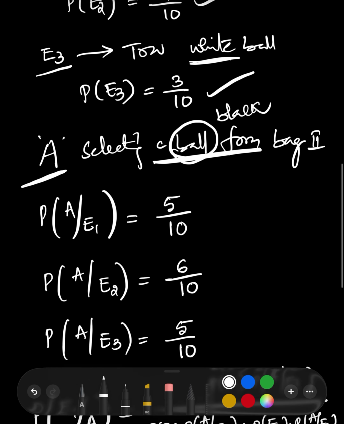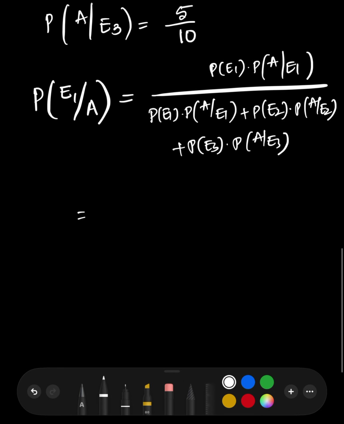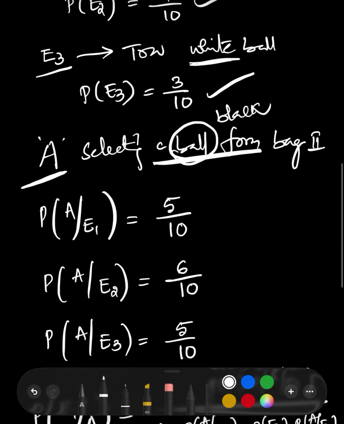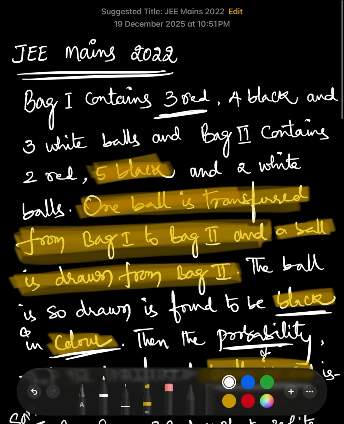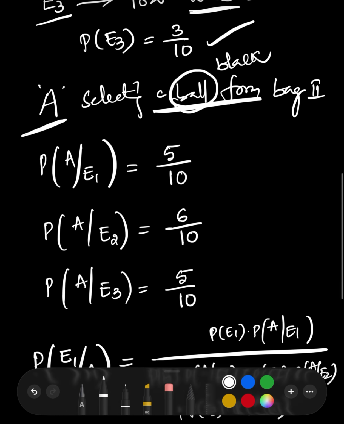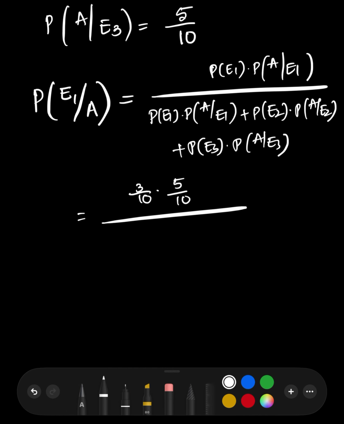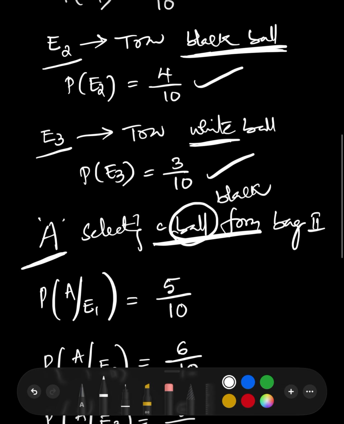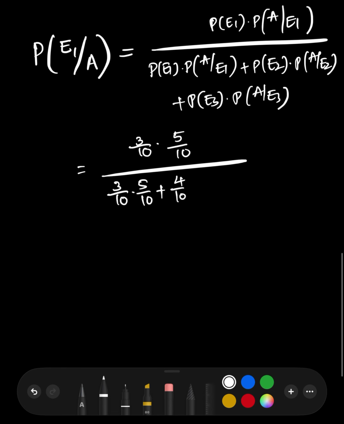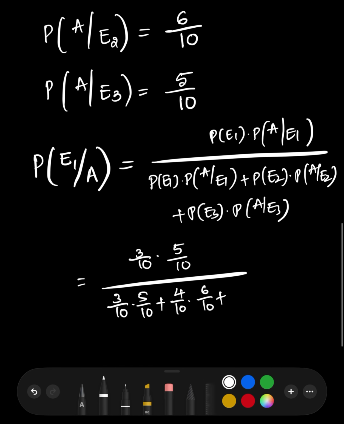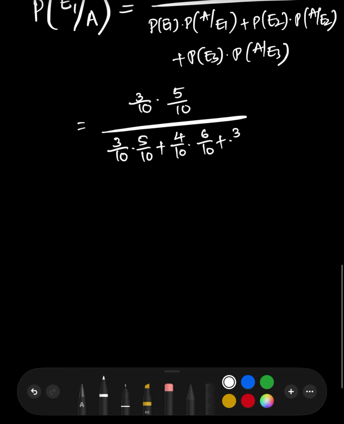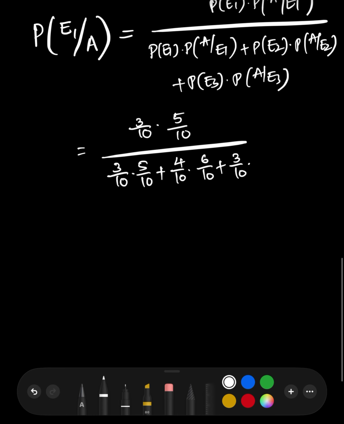Then what is P of E1? 3 by 10, into P of A given E1, 5 by 10, whole divided by 3 by 10 into 5 by 10, plus P of E2, 4 by 10, into 6 by 10, plus again 3 by 10 into 5 by 10.